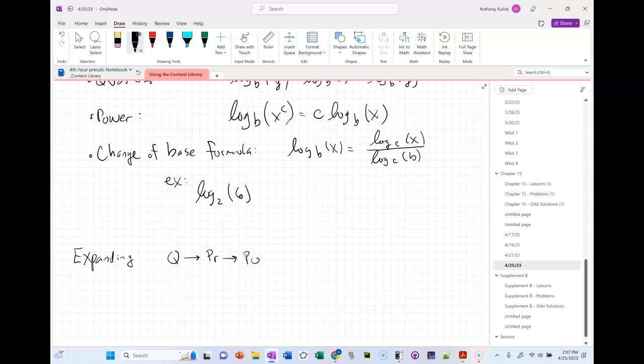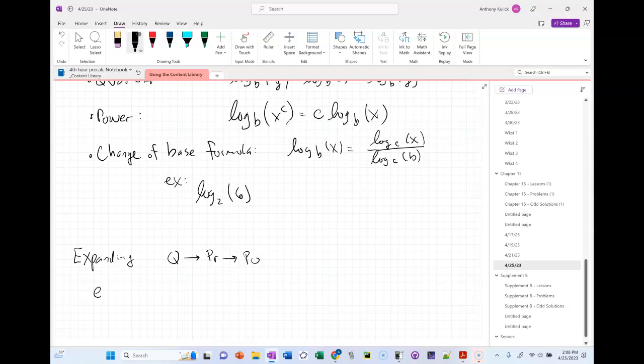Like if I had a times b to the second, the order of operations is telling you to do the power before the product, right? Otherwise, if it was just like this, you do the product first and then the power.